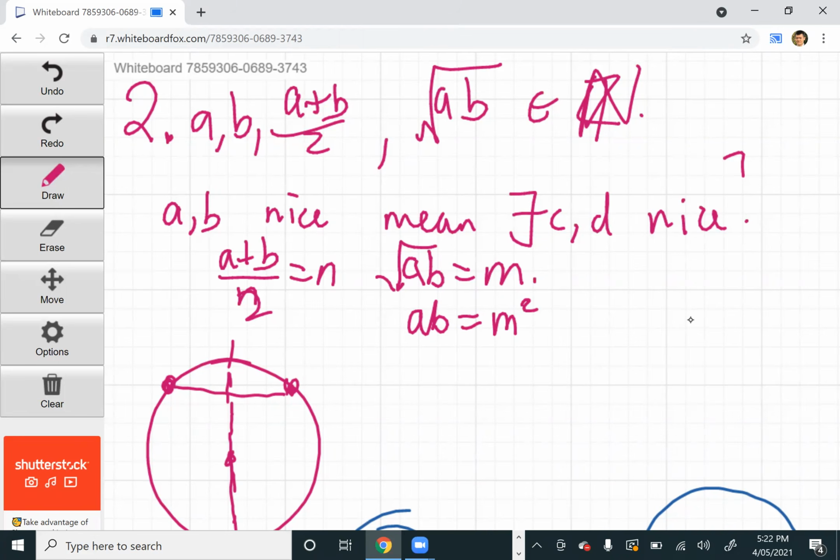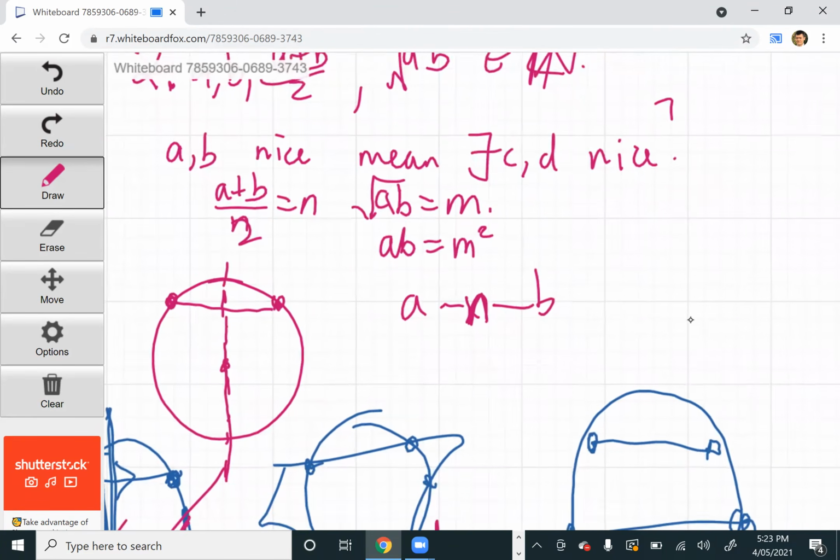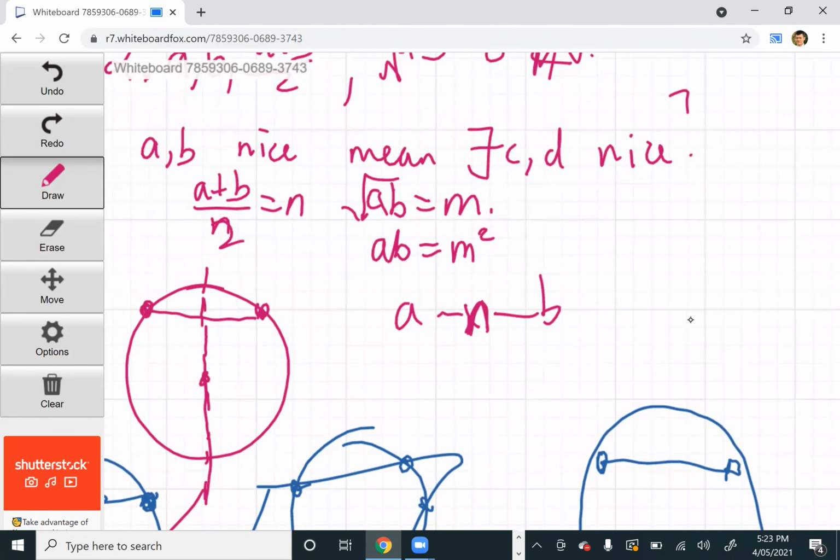They're equal distance from the arithmetic mean, so you can represent them as the arithmetic mean plus something and minus something. And when you multiply them, that's a difference of squares. And the result has to be a square as well.